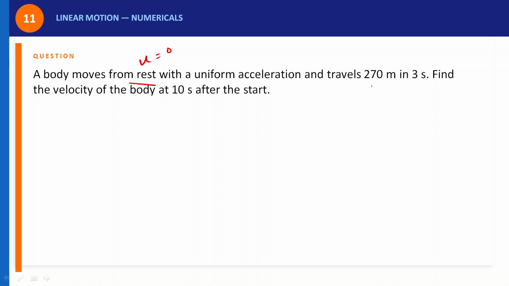The displacement given is 270 meters and the time is 3 seconds, and we need to find the velocity after 10 seconds. So before that, I have to find the acceleration.